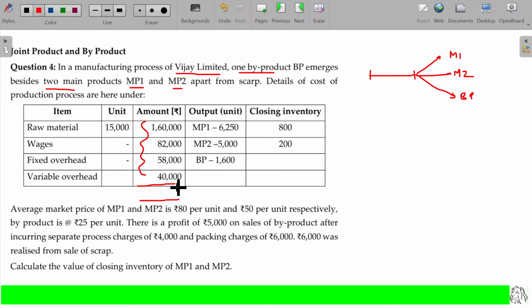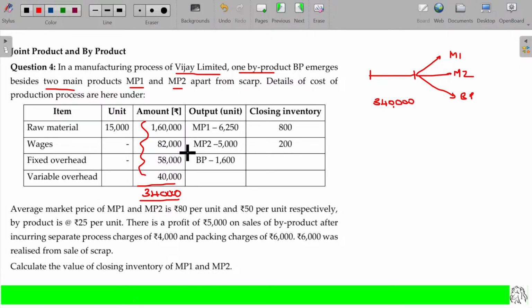Raw material, wages, fixed overhead and variable overhead. Come on, tell me. 3 lakhs 40. 3 lakhs 40,000 is the joint process cost. Now you have to identify out of the 3 lakhs 40 how much is for MP1, MP2 and BP.